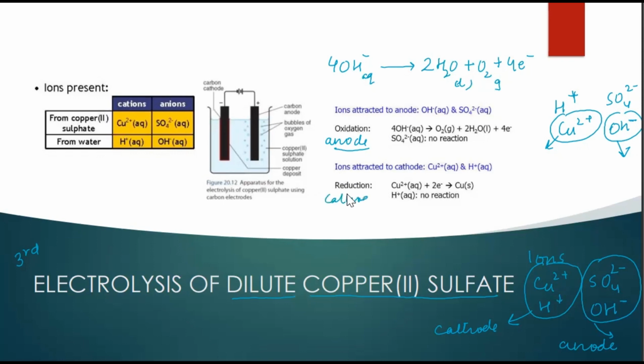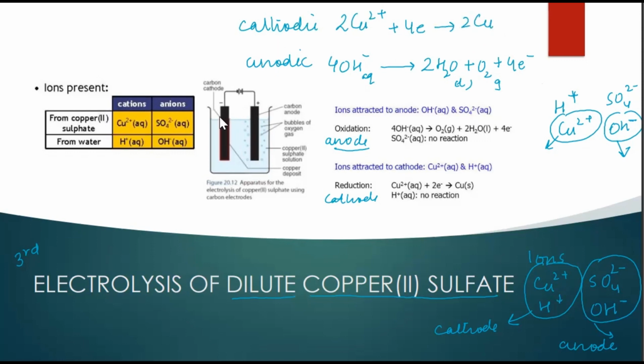So at the cathode, as I already told you, the copper ions are below hydrogen. So this is your anodic equation. Now for the cathodic equation, we will have the copper ions. They will be accepting whatever the number of electrons being lost at the anode. So 4 electrons lost, so 2 copper ions will be accepting 4 electrons to form 2 copper, which will be deposited at the cathode.